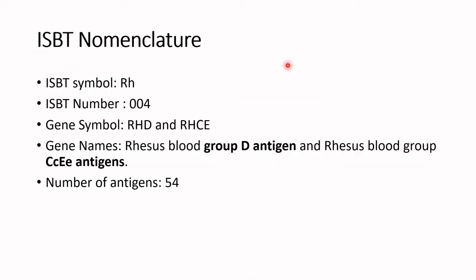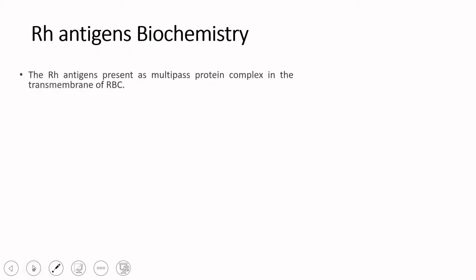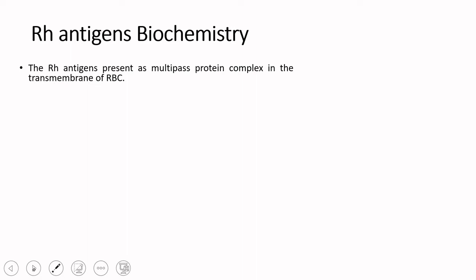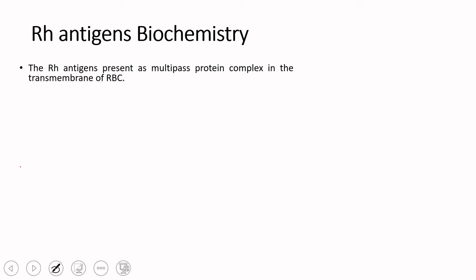Here we will see that this Rh blood group system can be seen as a protein molecule, where the Rh antigens act as a multipass protein complex in the transmembrane of the RBC. Earlier I told you about the RBC membrane and its respective antigens.